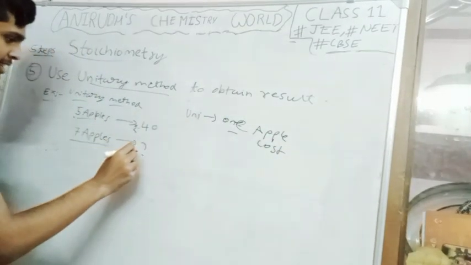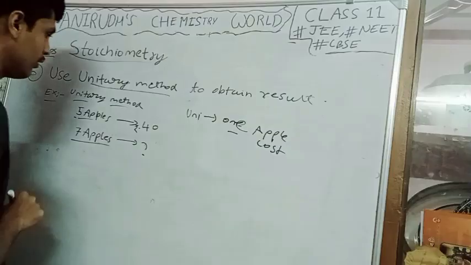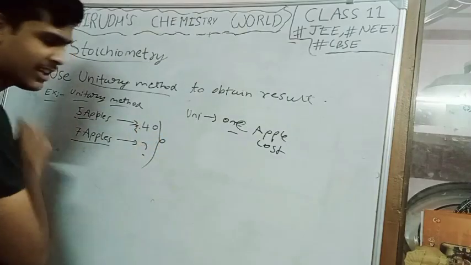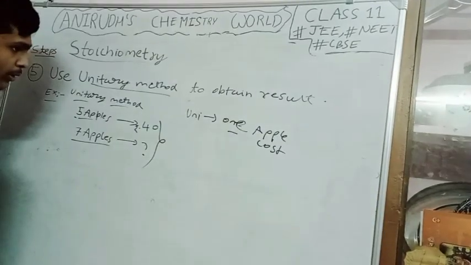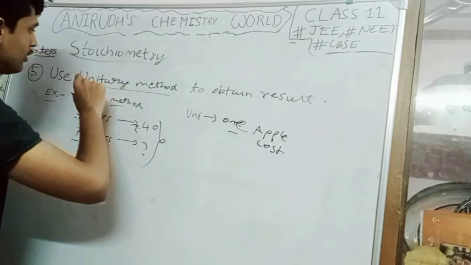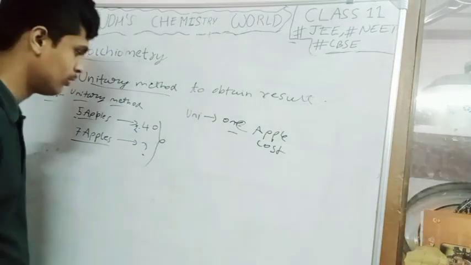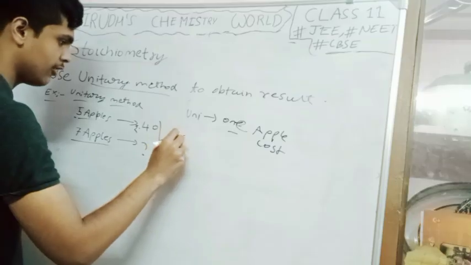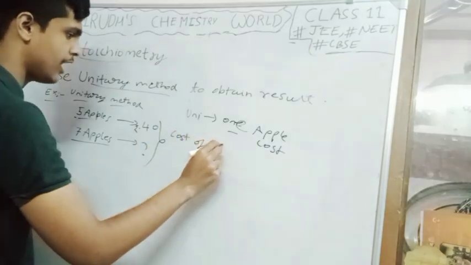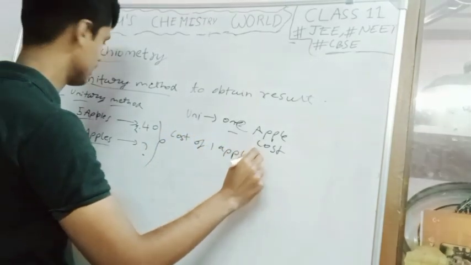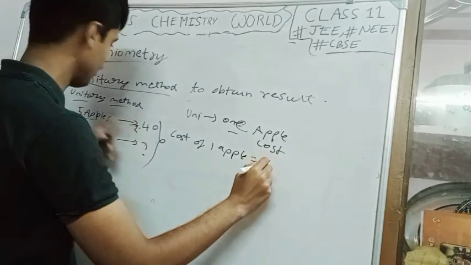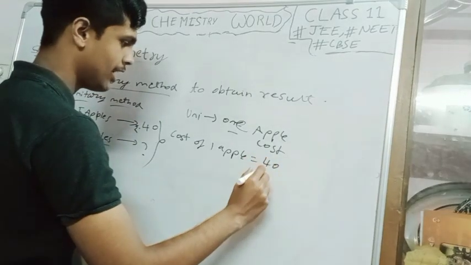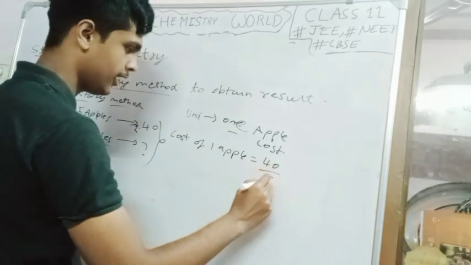You just understand the logic, not what I am doing. It's simple mathematics. I know most of the people know, but the name of the unitary method may be confusing for you. So 5 apples, cost of 1 apple. The cost of 1 apple is what? 40 rupees for 5 apples. So what is 1 apple cost? 40 by 5.